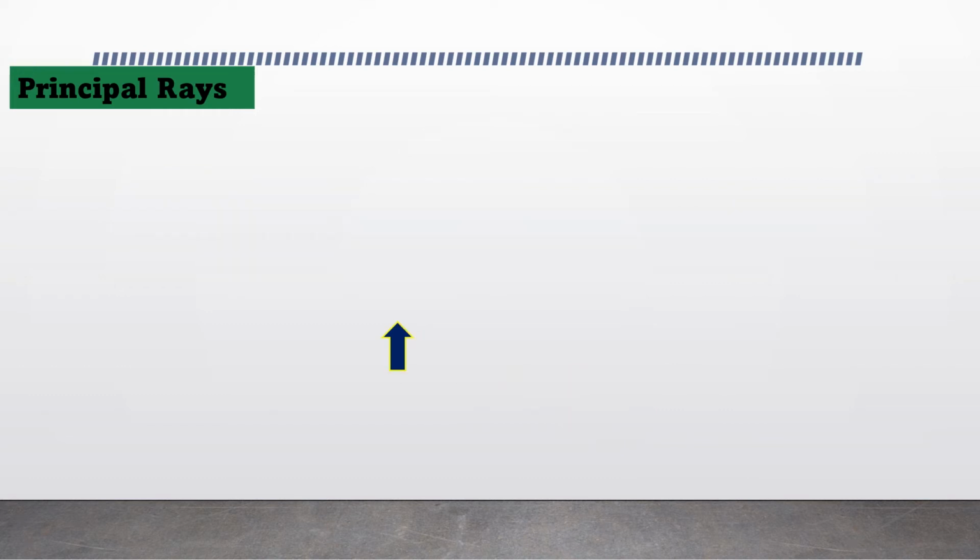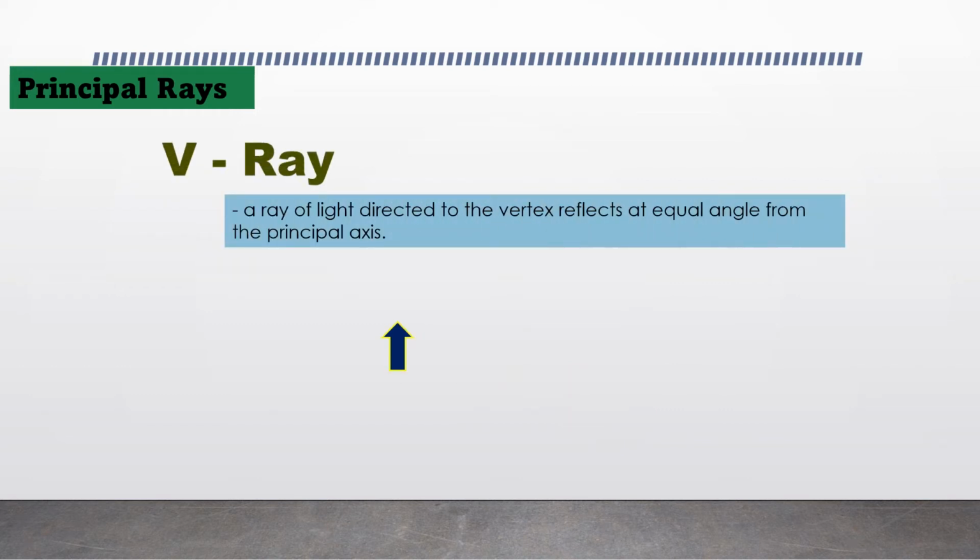Now for the V ray: a ray of light directed to the vertex reflects at an equal angle from the principal axis. So here is the concave mirror, principal axis, vertex, the focal point, and the center of curvature. How will you draw the incident ray?